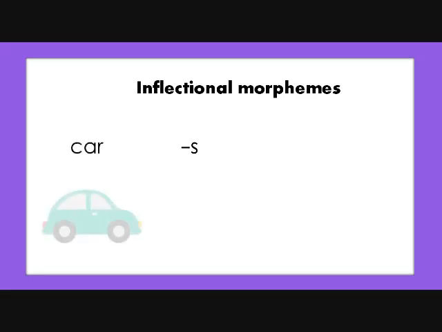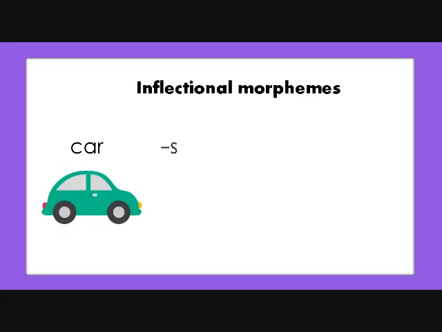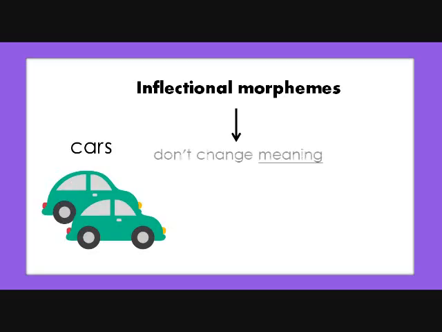Consider the word car. Adding the morpheme S, you have the word cars. Does it change the meaning? No, it used to be one car, now we're talking about the same but more than one car. Does it change its role in the sentence? No, it used to be a noun and now it keeps being a noun.